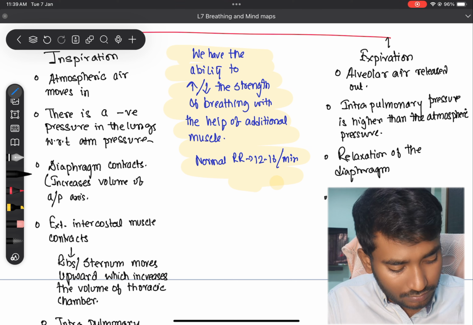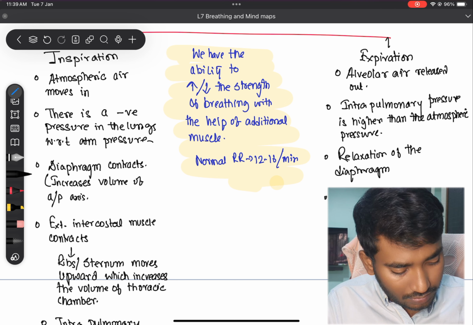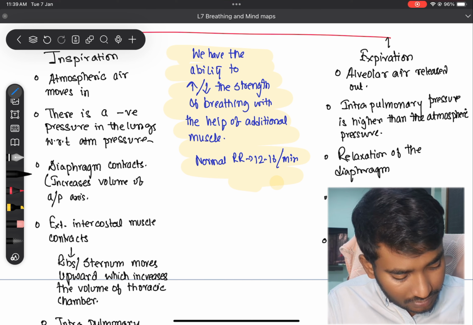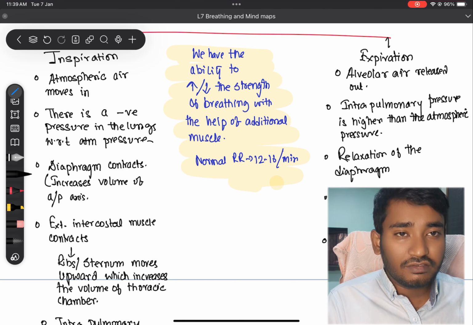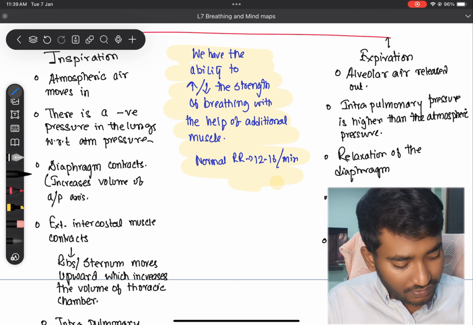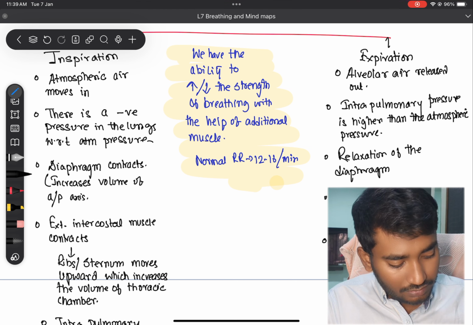So what happens? It causes the expulsion of air from the lungs.